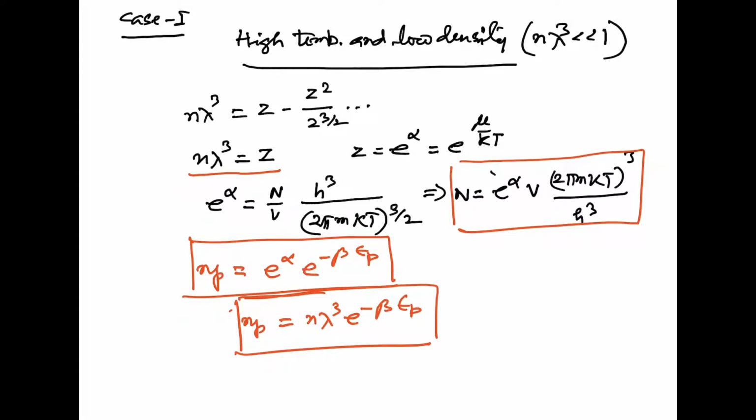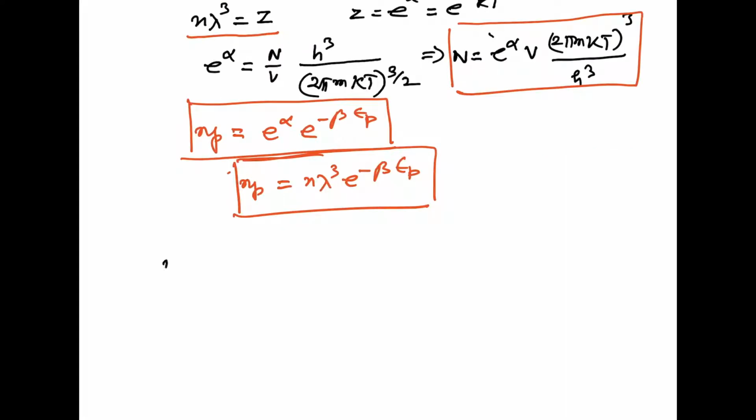For the first approximation, if we go up to second term, we obtain n lambda cube equal to z minus z square divided by 2 to the power 3 by 2. For z we can write z equal to n lambda cube plus z square by 2 to the power 3 by 2.